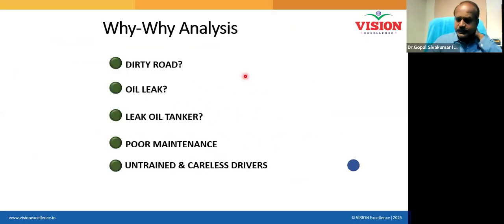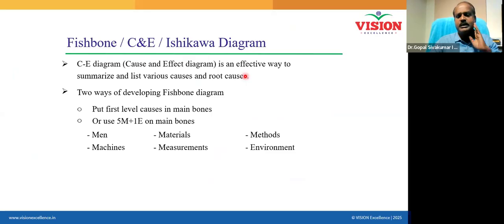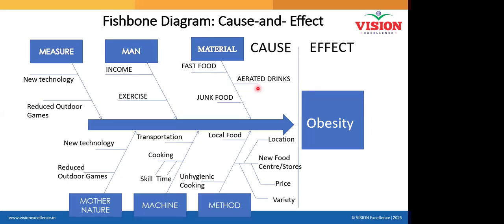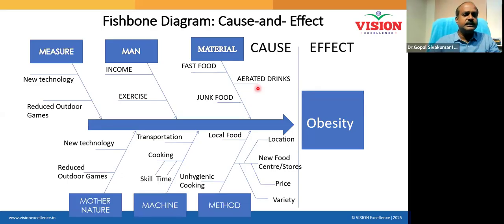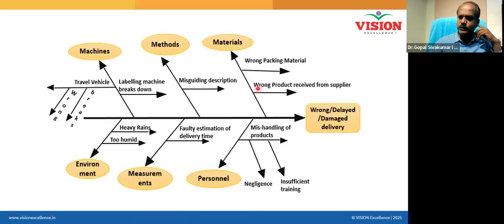And I'm very sure all of you are masters of these kinds of simple tools, the 7 QC tools, like brainstorming, why-why analysis, the fishbone diagram or Ishikawa diagram and all that. It is also called a cause and effect diagram. And the same obesity case is visualized in the form of a fishbone diagram.